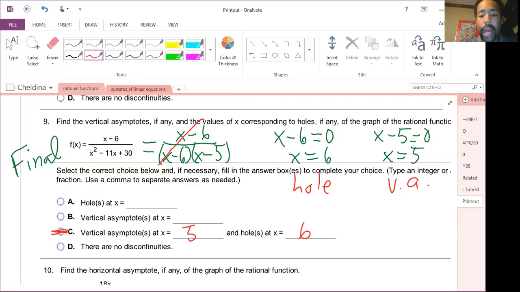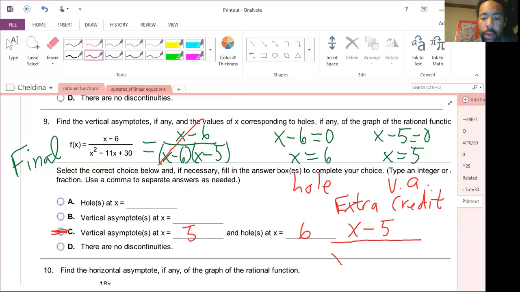So what I want to do now is give some extra credit at this very moment, for those of us in class. Go ahead and do this one and bring it up to me today as you are doing this in class. x minus 5 all over x squared minus 7x plus 10.